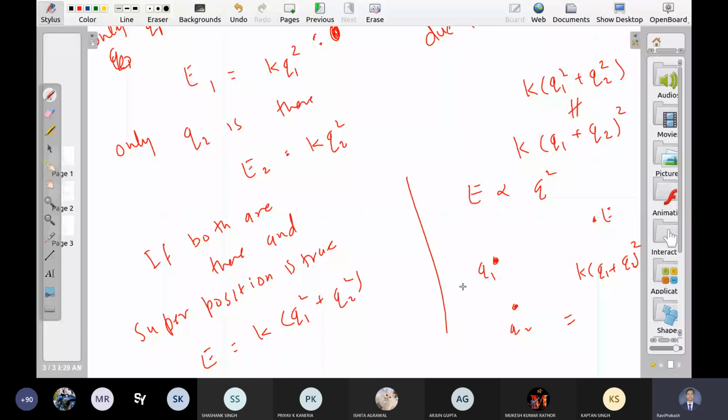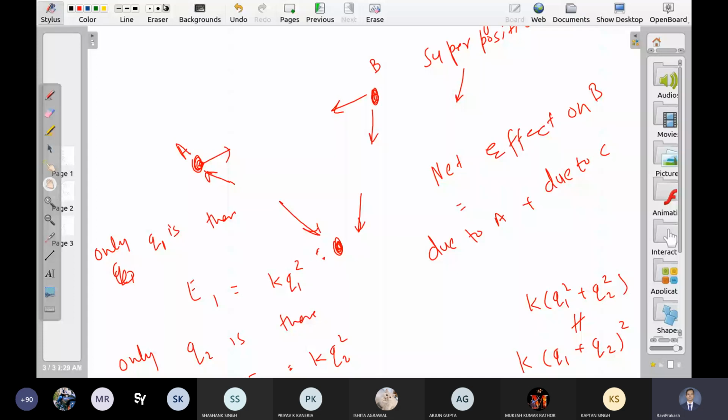किसी ने experiment किया, electric field का nature check किया, and surprisingly, it comes out that it follows the superposition principle. So superposition principle कोई demand नहीं है, कोई natural rule नहीं है जो हर जगह सही होगा. In some cases it is true, in some cases it is not true. ऐसे cases बहुत कम हैं जहाँ true नहीं है, so it looks like a natural law, but ये कोई natural law नहीं है.